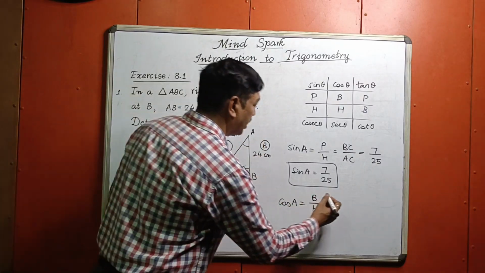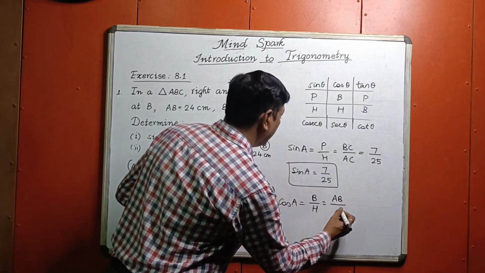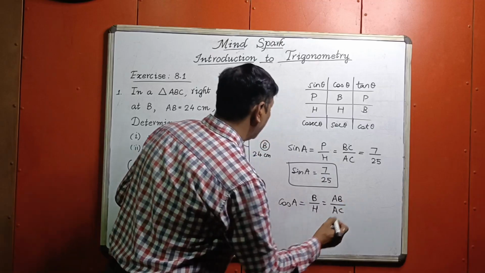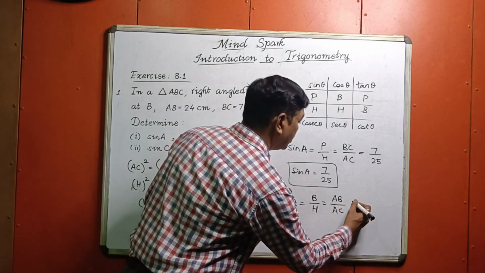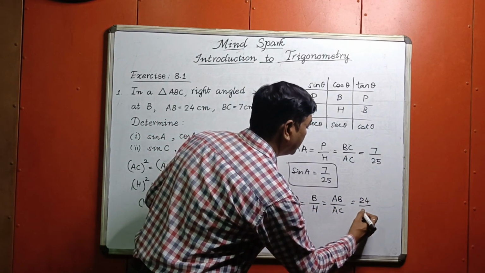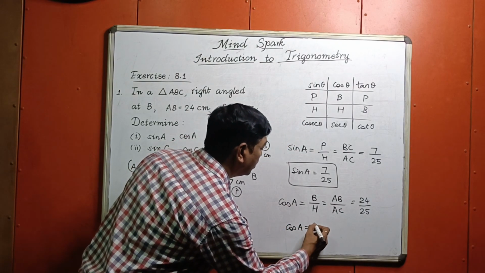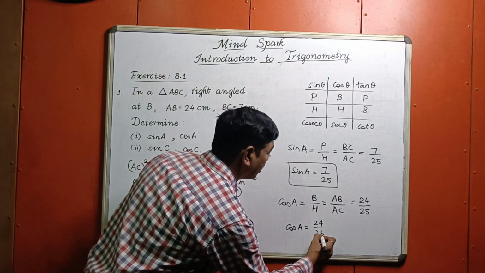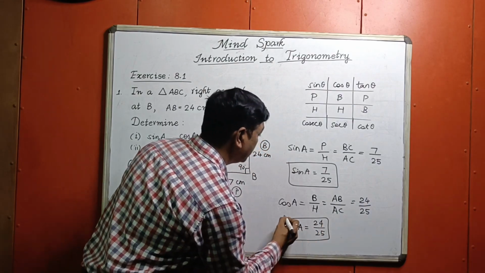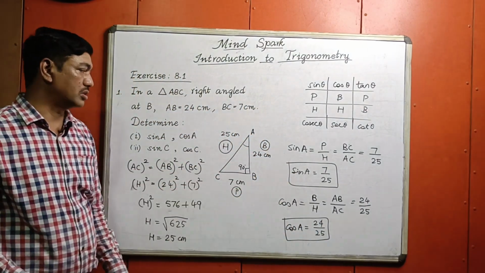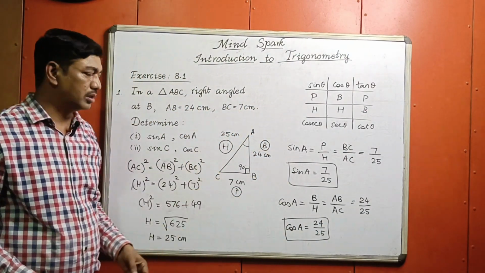Base is nothing but AB by hypotenuse AC. How much is AB? AB is 24. So you get cos A is equal to 24 by 25. So I found out sin A and cos A. You can take a screenshot.